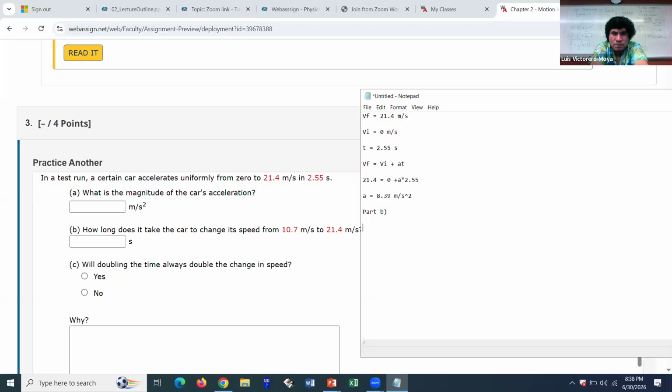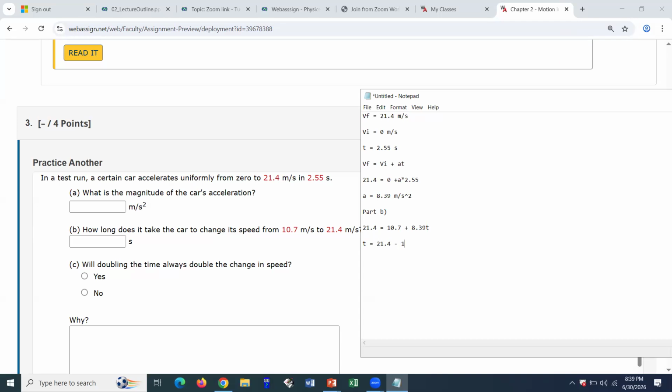You use the same equation, right? Yeah, so I just did the 21.4 minus 10.7, and then I used the acceleration from last time. I rearranged the equation, so I switched t from the bottom to make it equal to t, and then a is underneath now, so I divided it by 2.55, and that's what I got. I rounded it to 4.20.